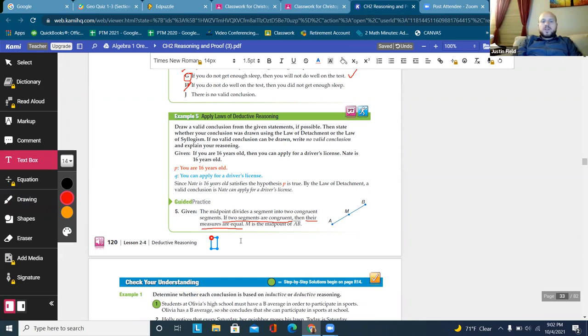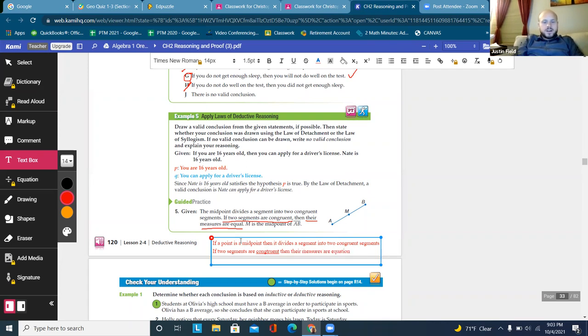So we could change that into a conditional statement. If a point is a midpoint, then it divides a segment into two congruent segments. And then the second one, if two segments are congruent, then their measures are equal.